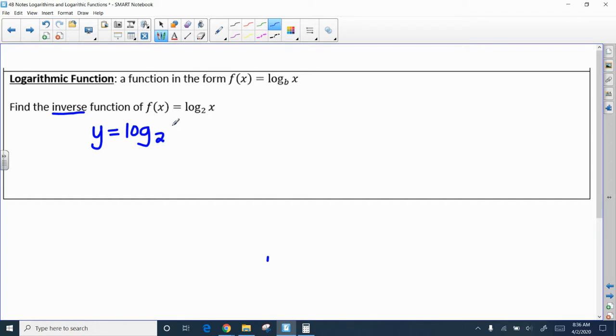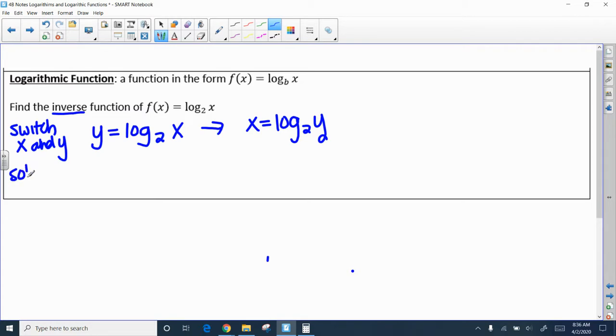Then the thing that makes a function an inverse is that we're going to switch x and y. So instead of having y equals log base 2 of x, I'm going to have x equals log base 2 of y. Then, after we switch x and y, the goal is to solve for y or get the y by itself. Because even though this is technically the inverse, in function notation, we have the output by itself.